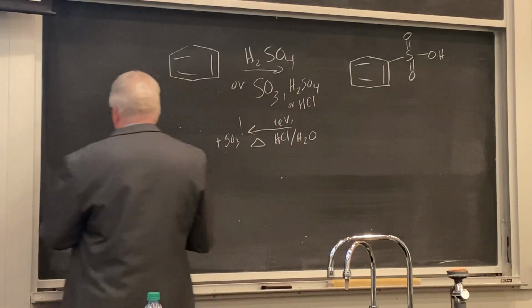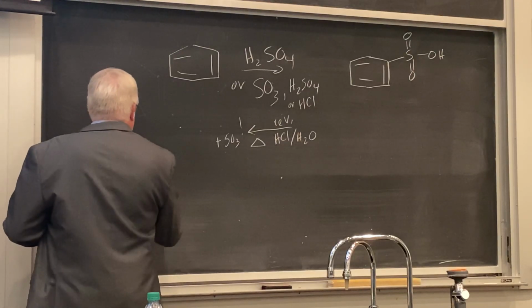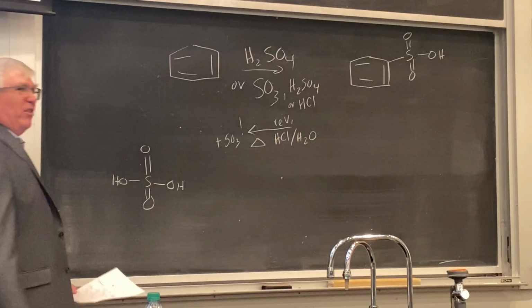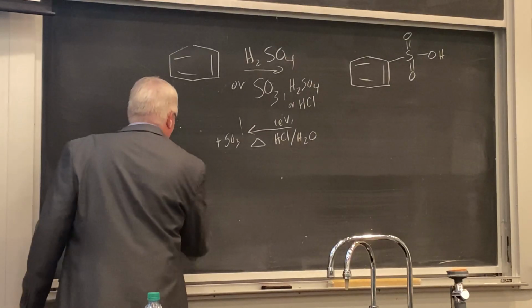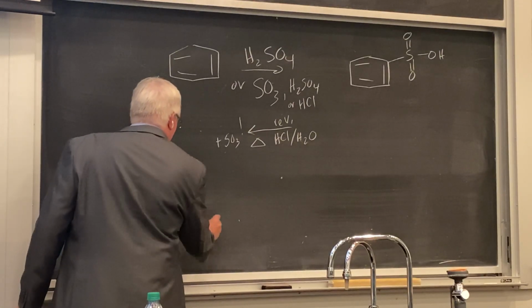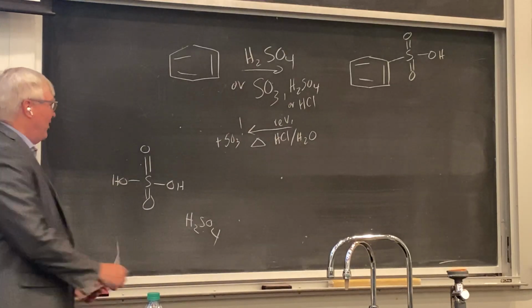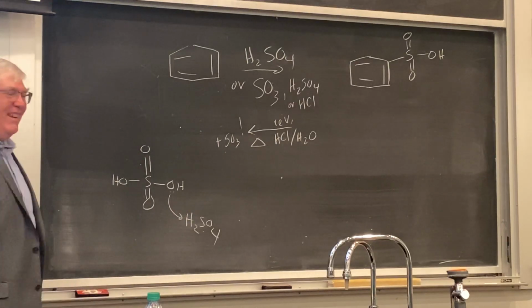Let's see. We're going to protonate sulfuric acid. And again, this looks kind of funny. And we're going to use sulfuric acid to protonate itself. So this is an auto-protonation effect. Let's see, here we've got H2SO4. I'm not going to draw out the other one, but this is the acid we're going to use here. Here's our base. Let's go ahead and protonate that. Okay.